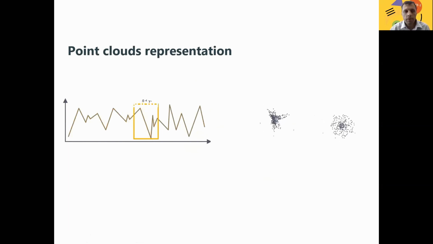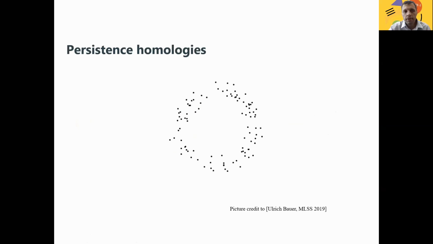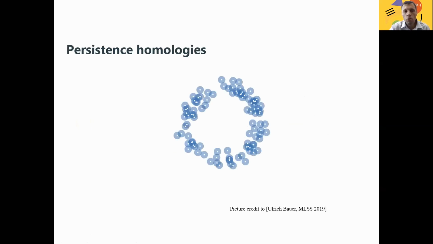The second step, we take this point cloud and we put a sphere in each point, and we start to increase the radius of the sphere step by step. And then we calculate the number of holes we get.